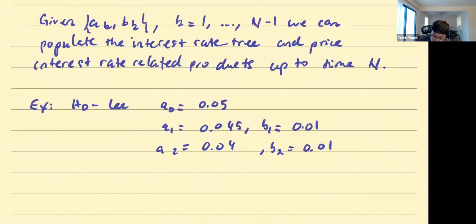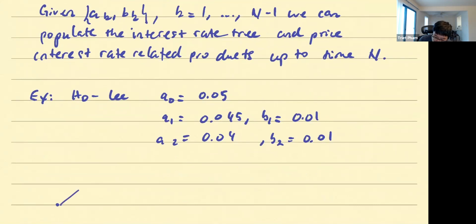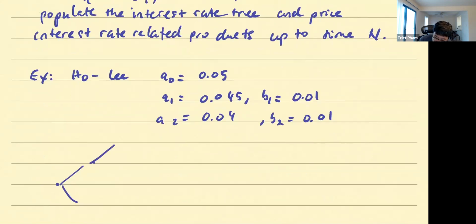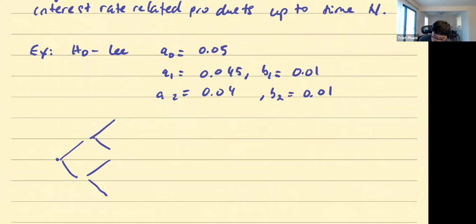What that means is we have the interest rate tree like this, where R_0 is 0.05, R_1 up is 0.055, R_1 down is 0.045, up up is 0.06, up down is 0.05, and down up is 0.04.